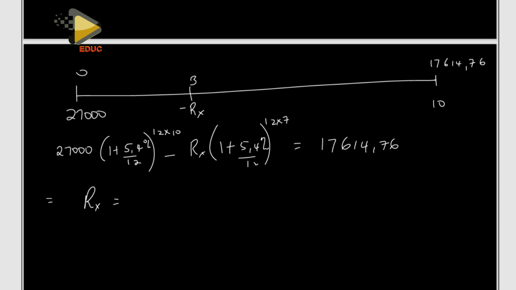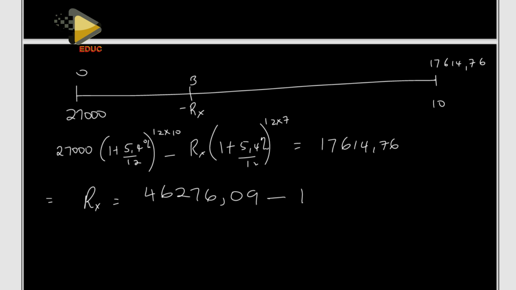Then if I look for Rx, it's going to be my 27,000 times 1 plus 5.4% monthly to the exponent of 120. That gives me 46276.09.